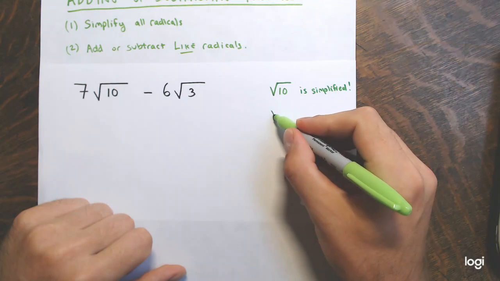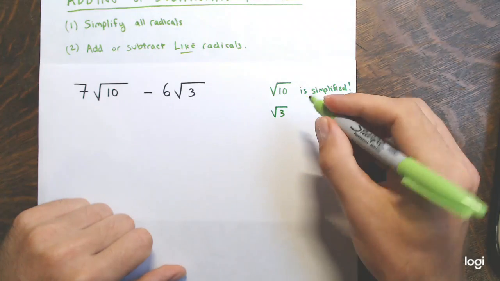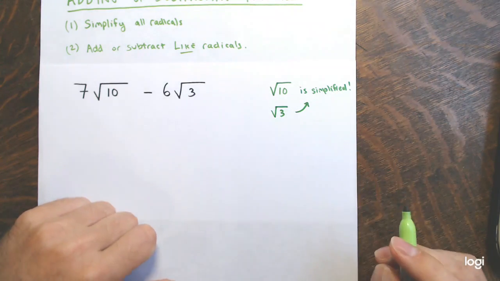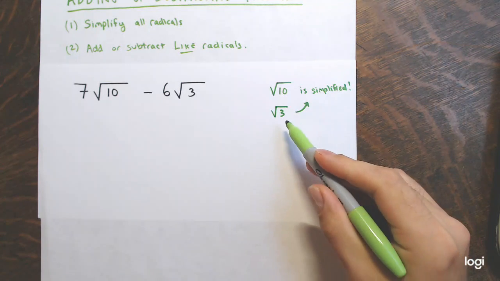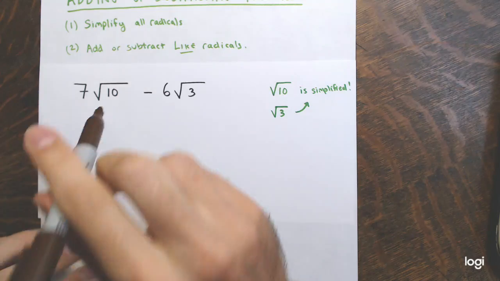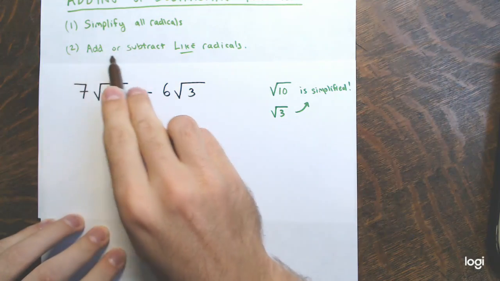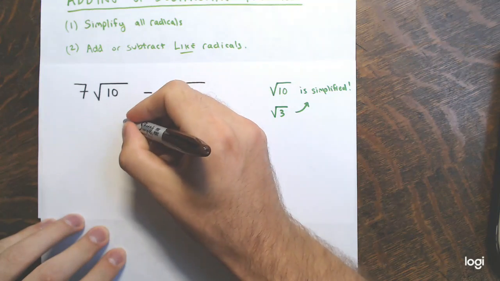And so is the square root of 3. This is also simplified. There is no perfect square other than 1 that goes into 3 evenly. So I cannot simplify these radicals any further. And so step 1's done, and then I'm asked to add or subtract. The only things you can add or subtract are like radicals.